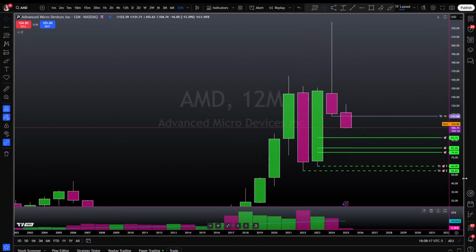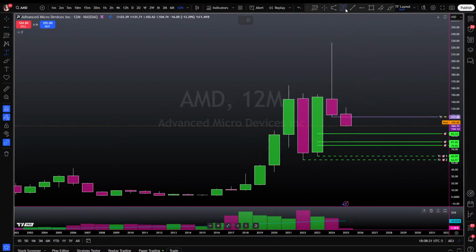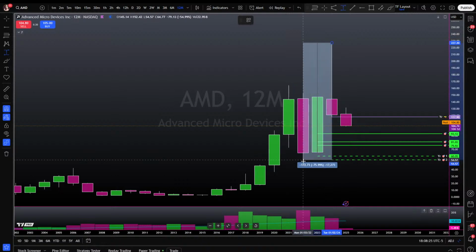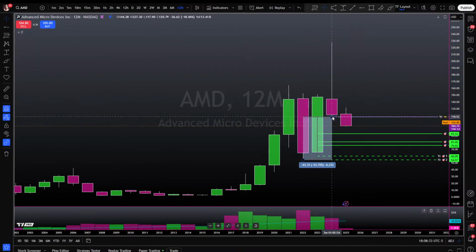Target 2 is 54.57, which I know sounds crazy coming from 227.30. But that's the yearly target. Now, that's not the magnitude. The magnitude is from trigger to target, but still a 53% drop as long as we can stay below our yearly trigger of basically 118, we'll call it.